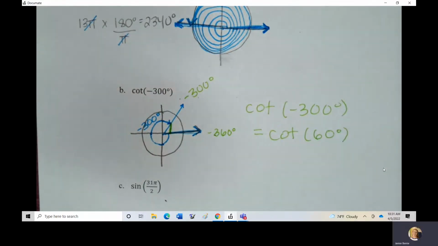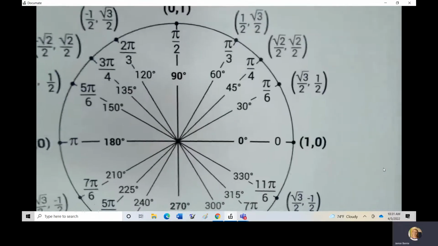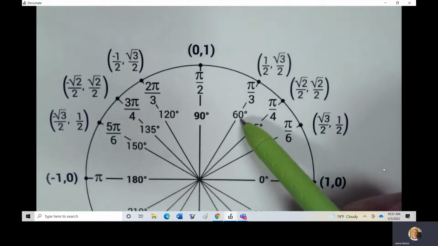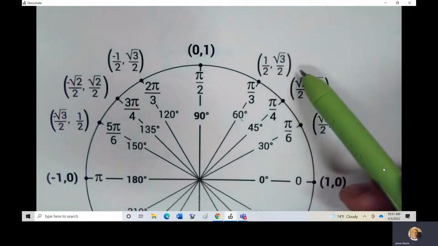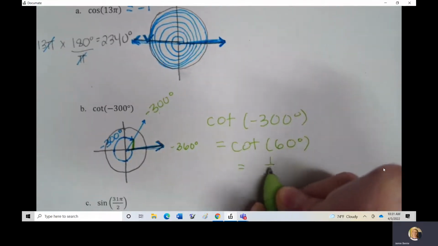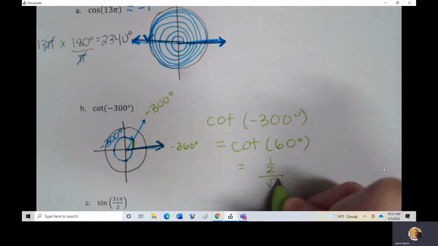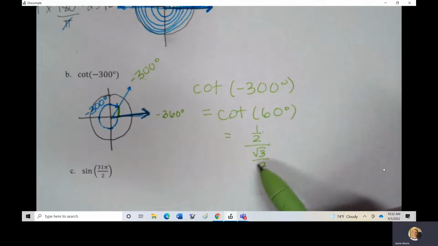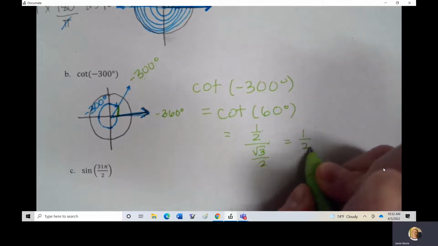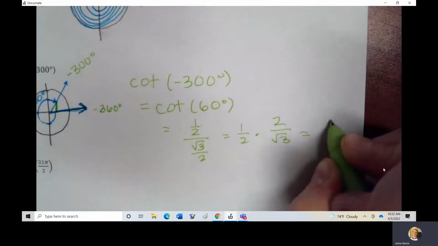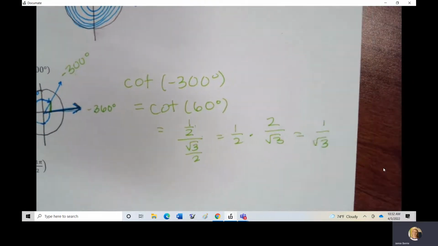All right, so let's take a look at our unit circle. Cotangent of 60 degrees is going to be cosine over sine, so x over y. That's 1/2 over square root of 3 over 2. Keep, change, flip. So it's 1/2 times 2 over square root of 3, which is 1 over the square root of 3.